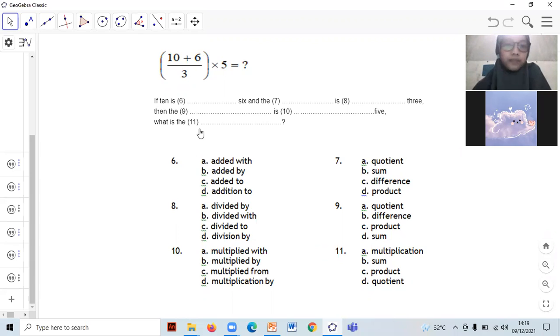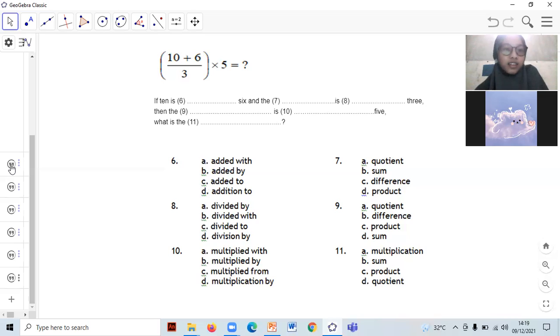Okay, the question, if 10 is, it's addition, so we will choose A, B, C, or D, and we can choose C, added to, because to is the preposition for addition. For number 6 is C.